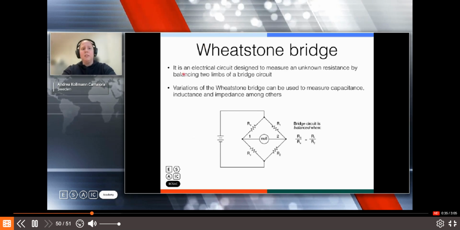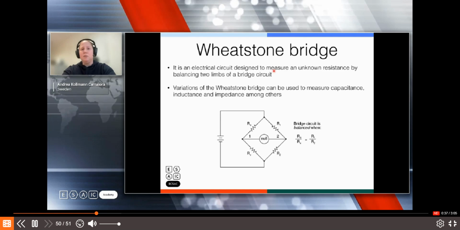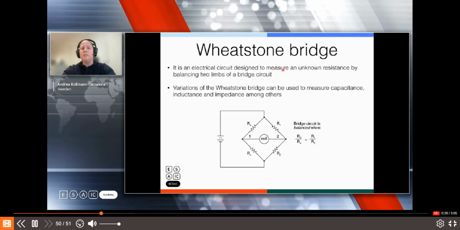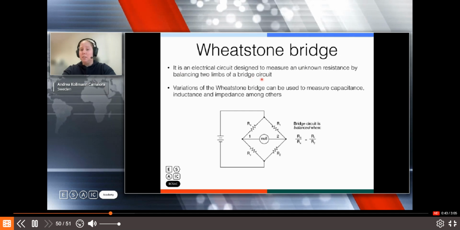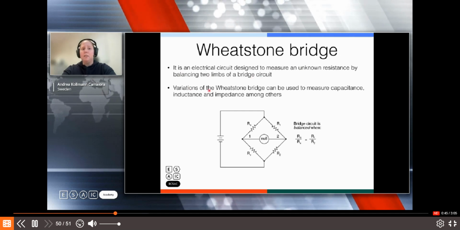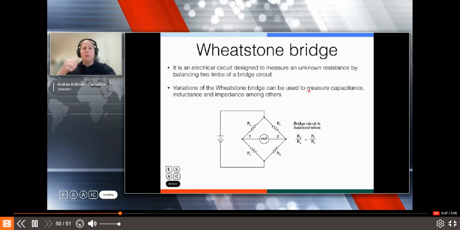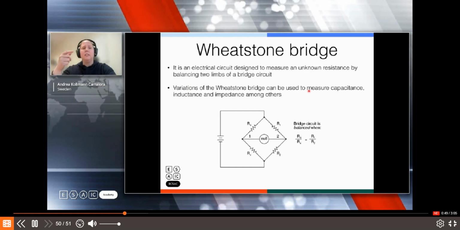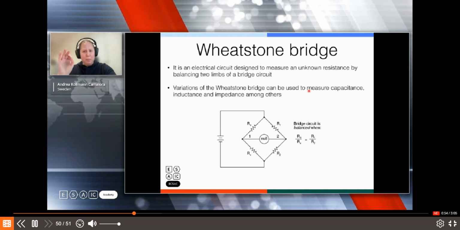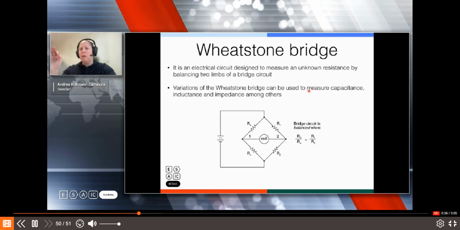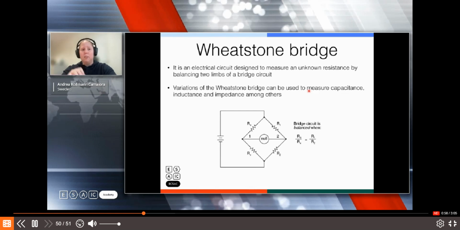So the Wheatstone bridge is an electrical circuit designed to measure an unknown resistance by balancing two limbs of a bridge circuit. And variations of the Wheatstone bridge can be used to measure capacitance, inductance, impedance. Everything you measure from the body and have a number in your monitor uses a Wheatstone bridge.